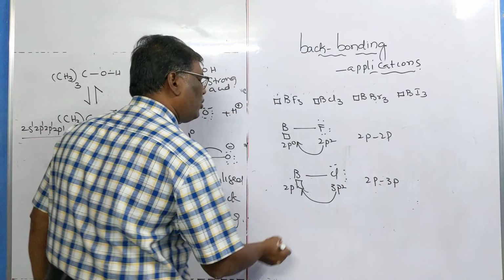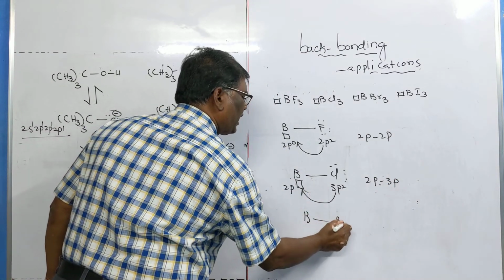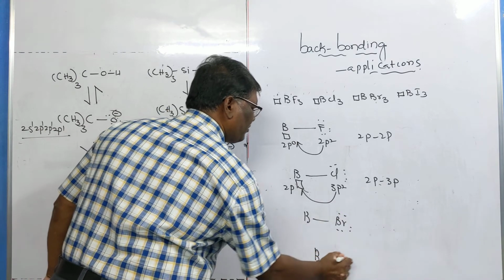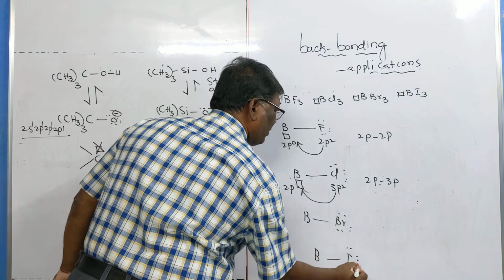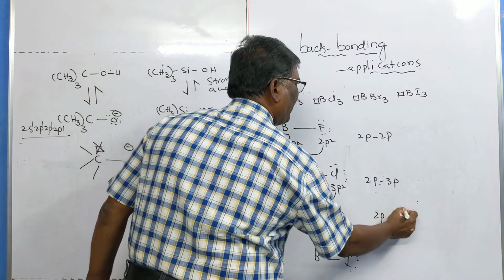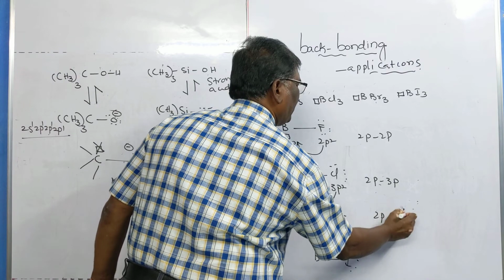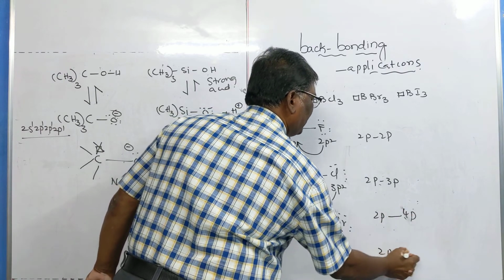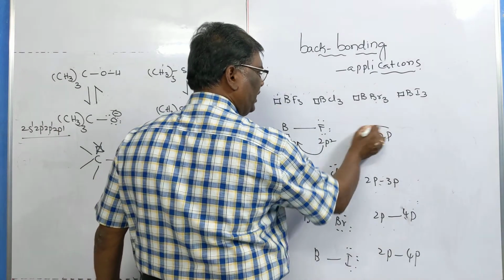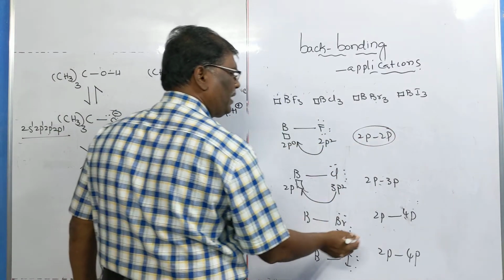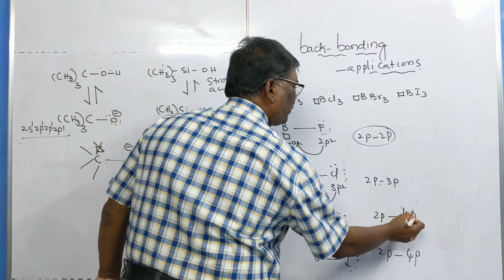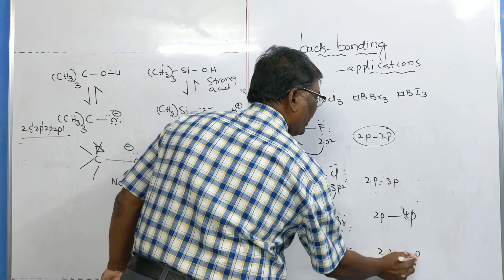When we go down, the back bonding ability decreases, because they differ much in energy. 2p and 2p have nearly the same energy, giving effective overlapping compared to 2p 3p, compared to 2p 4p, compared to 2p 5p.